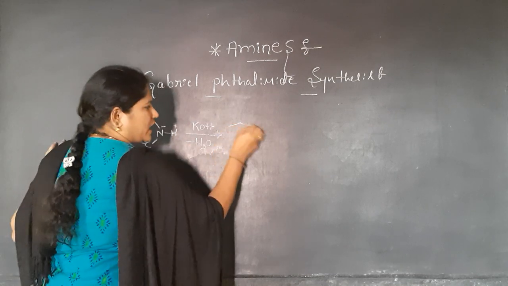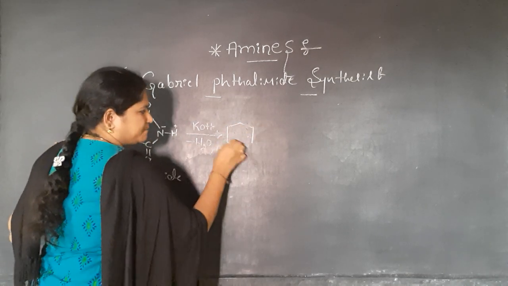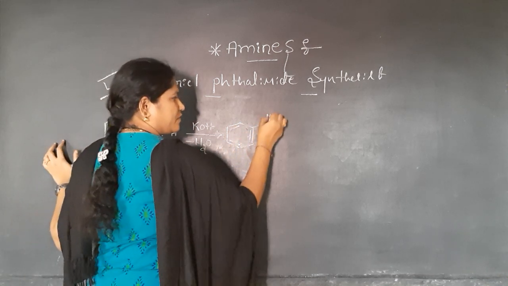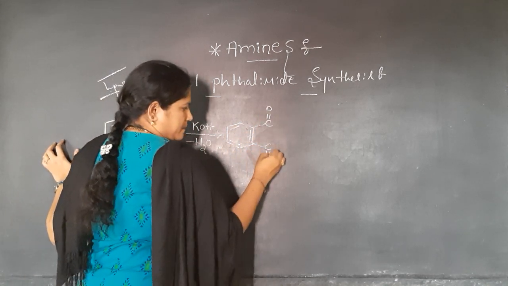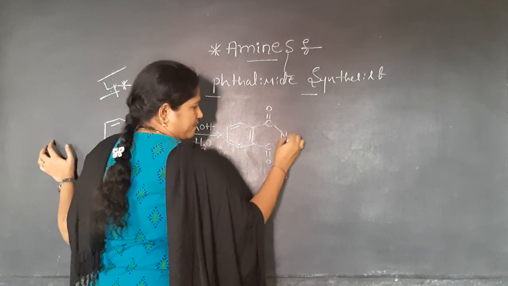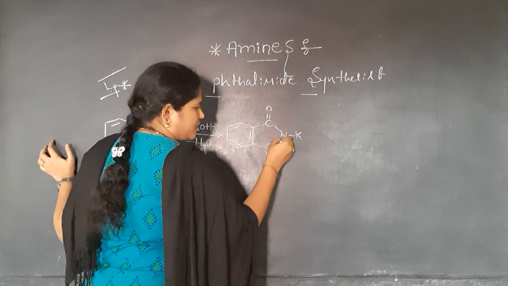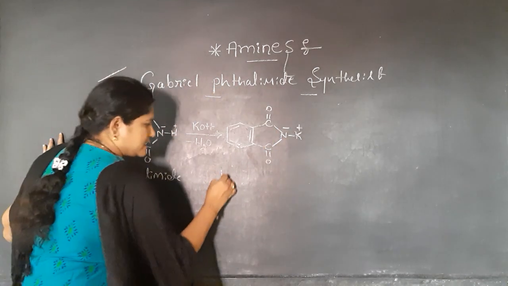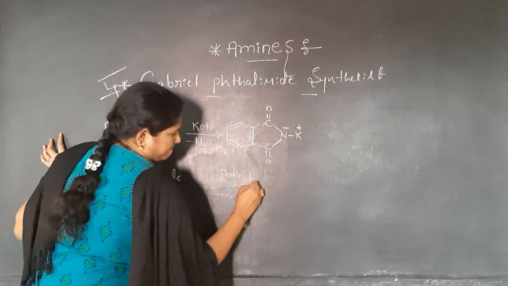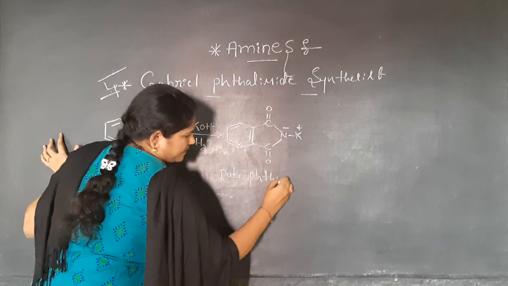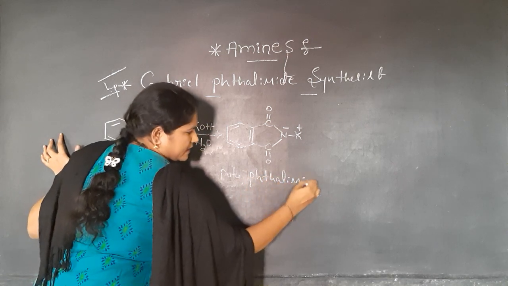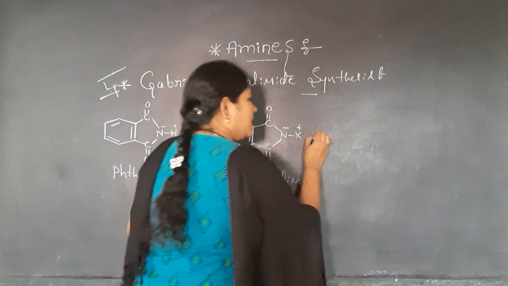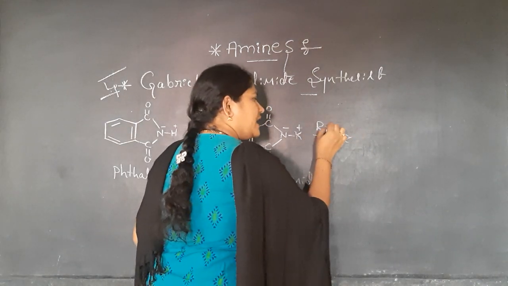We are going to get the potassium salt of phthalimide. So instead of hydrogen, we write potassium here. This is potassium phthalimide.